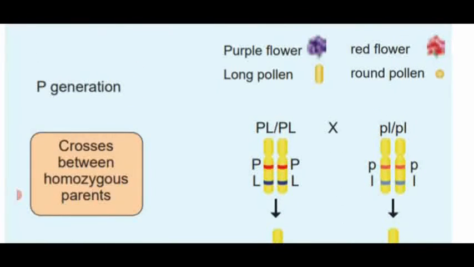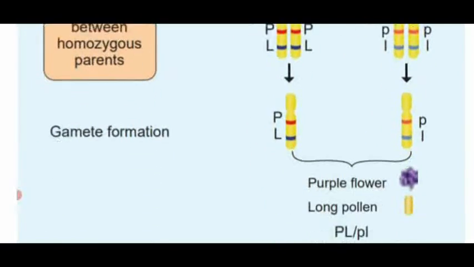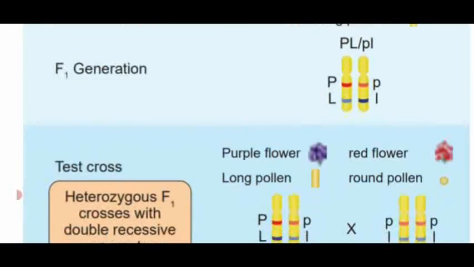This is a very, very important 5-mark question. How will they ask the question? What is coupling or cis configuration? Draw a flowchart of cis configuration. So the answer: what is coupling? You have to write 3 lines, and after that draw the flowchart given here.